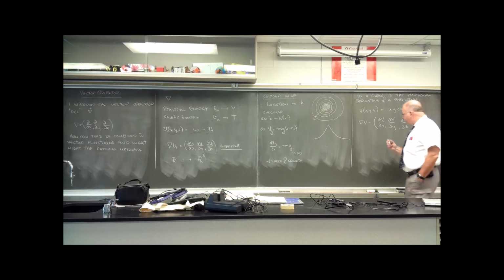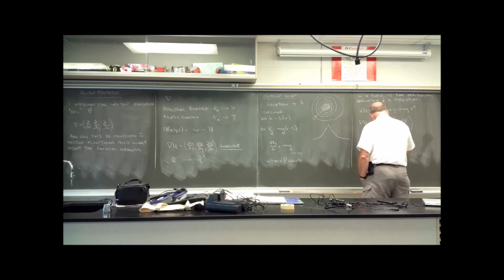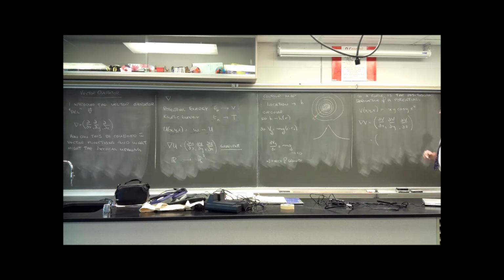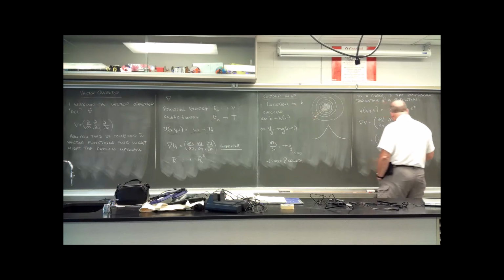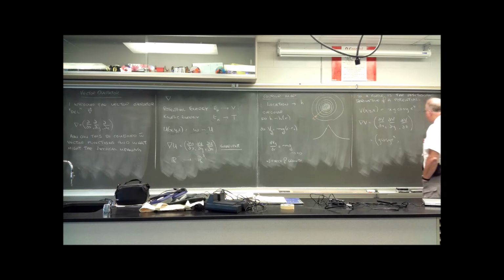Well, let's just step through this because it's not too difficult. We're going to take the derivative with respect to x. The rest of this stuff is a constant. So we simply have y cos y e to the z, comma, and then we have ∂V/∂y, and it's exactly the same situation. Well, actually, no, we've got a problem here. We're going to have to try a little bit harder.